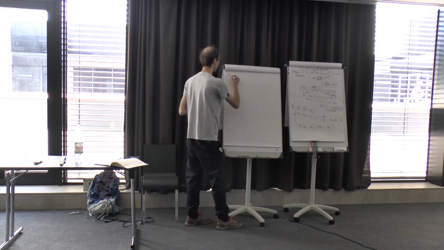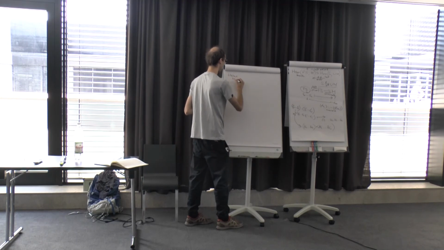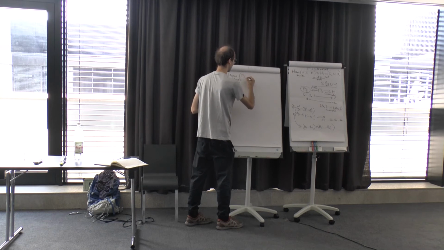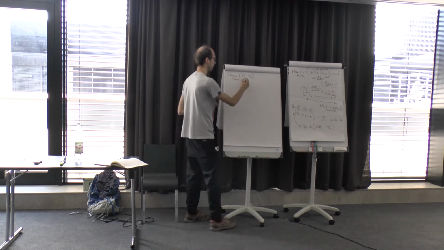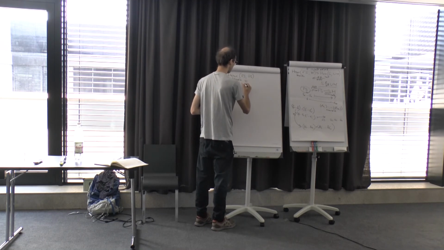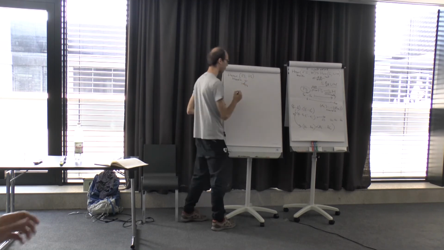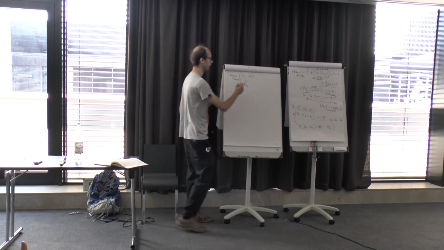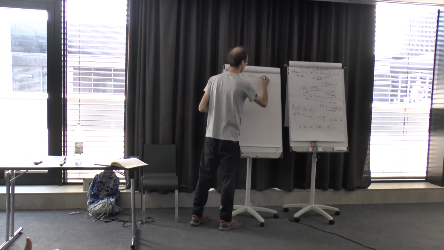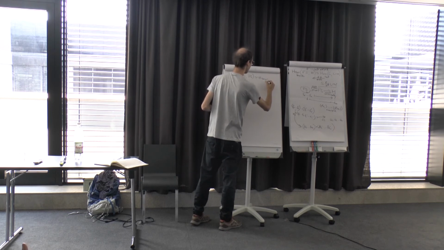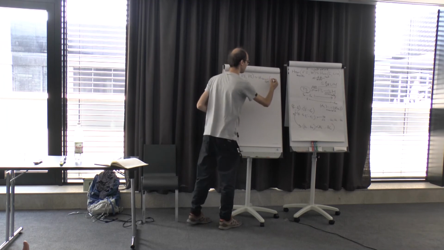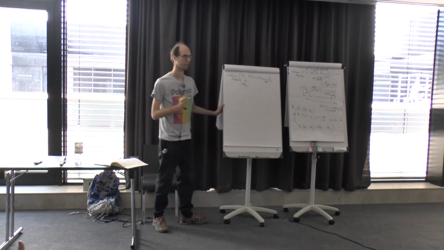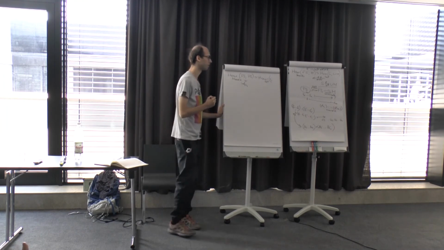So let's consider Hom of monoids from F of S to F of S. We know that here we have the identity of F of S. And this is isomorphic to Hom in Set from S to where?